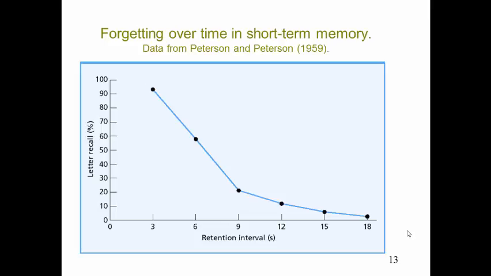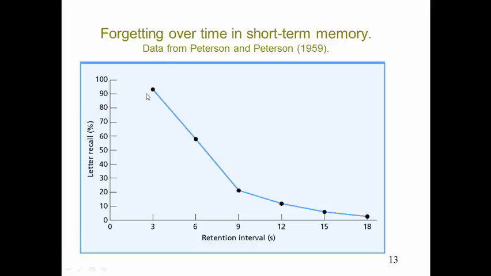So first of all, here we're looking at the way we forget information over the short term. So we have on the x-axis time in seconds up to about 18 seconds, and on the y-axis the success of recall. And you can see that after about 3 seconds people's recall is pretty good, so they recall almost everything that they learned.